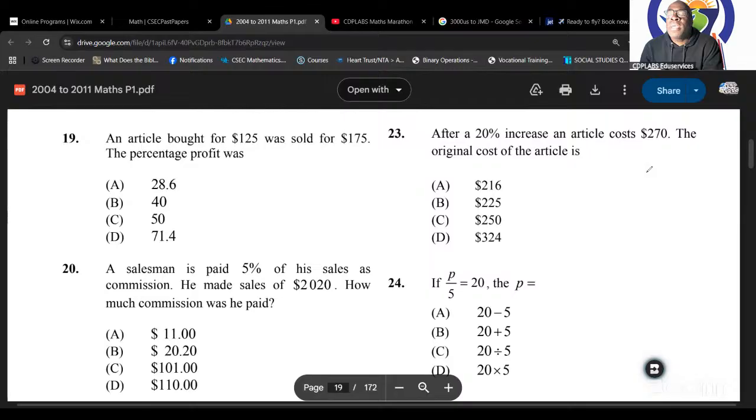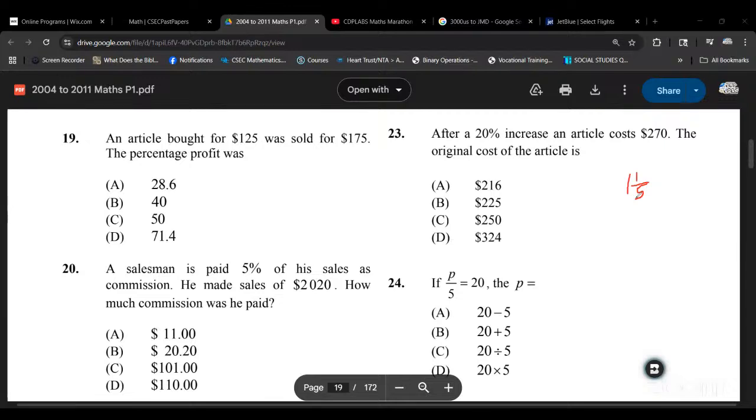This would mean it is 6/5, because 6/5 represents one, the original cost, plus 1/5 of the original cost because of 20%. Agree? Yes, sir.